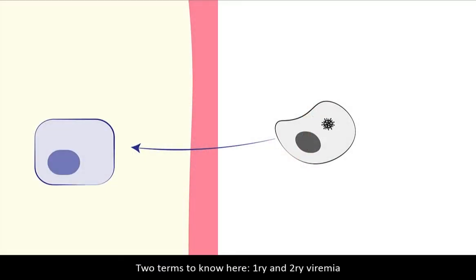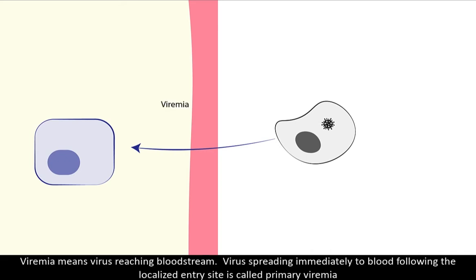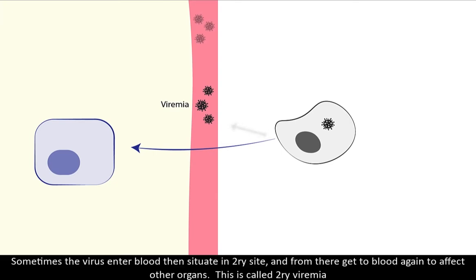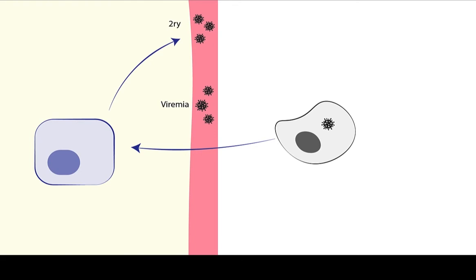Two terms to know here: primary and secondary viremia. Viremia means the virus reaching the bloodstream. Virus spreading immediately to the blood following the localized entry site is called primary viremia. Sometimes the virus enters the blood, then settles in secondary sites, and from there gets to the blood again to affect other organs. This is called secondary viremia.